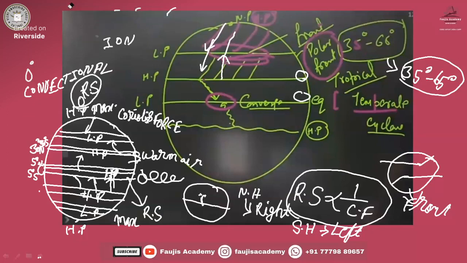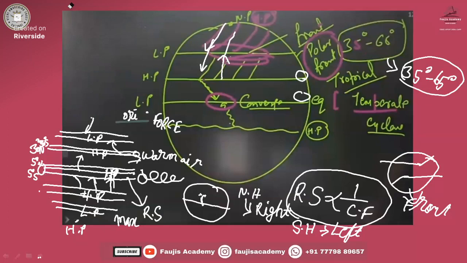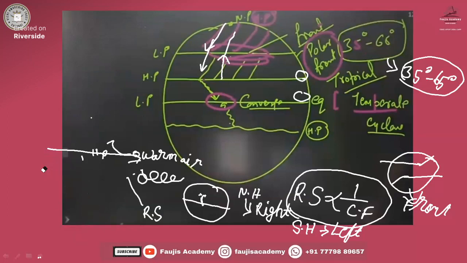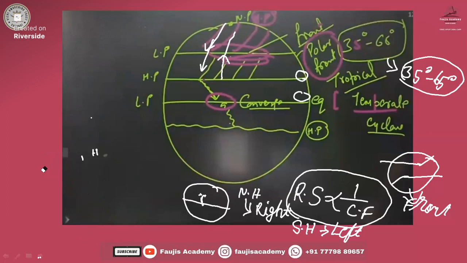So all those theory parts I mentioned, we'll see everything, and also we'll see the different types of front. After seeing the different types of front, you can easily guess how the temperate cyclone happens. Mostly all those processes in the temperate cyclone happen because of the front part.